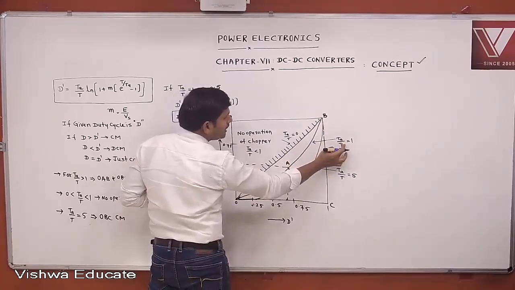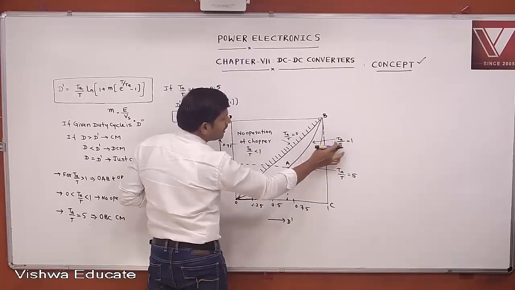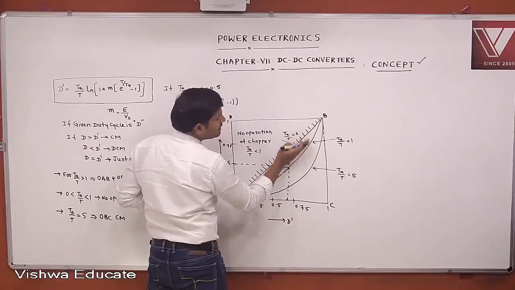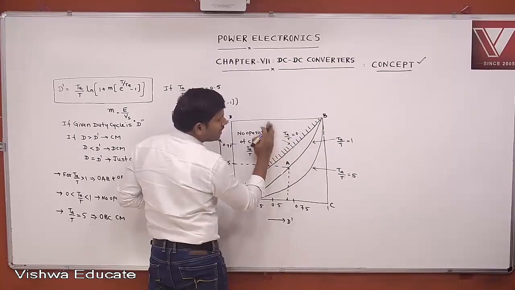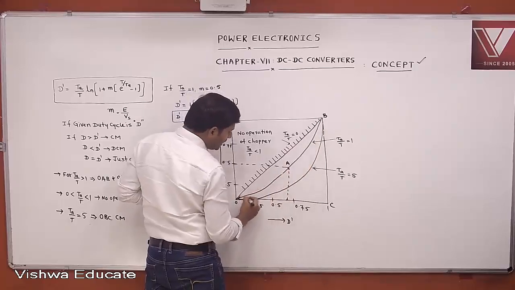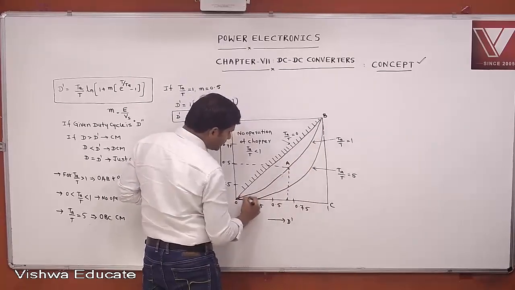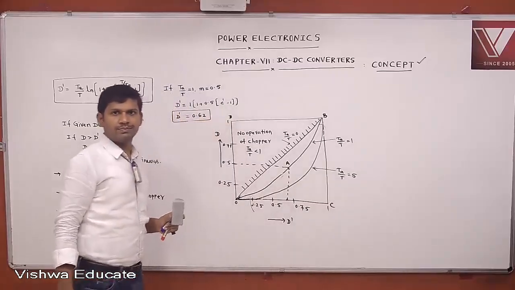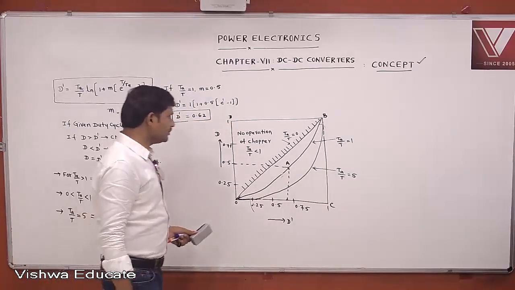Less than 0 is not possible and less than 1 is not possible. So which mode do curve OAB and curve OBC represent? Continuous mode. Note this down quickly.